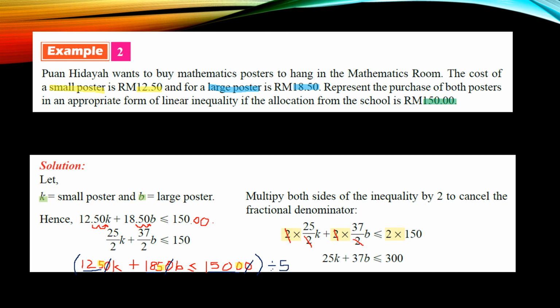So 125 divided by 5, you get 25. 185 divided by 5, you get 37. 1,500 divided by 5, you get 300. This is another method to get the inequalities with the coefficient of the variable in whole number.